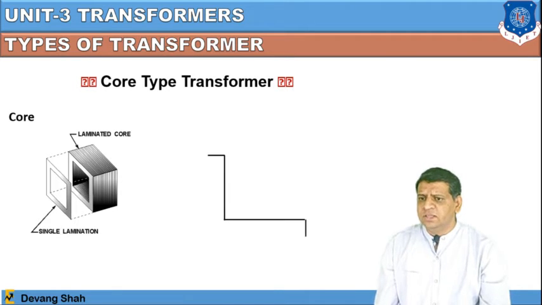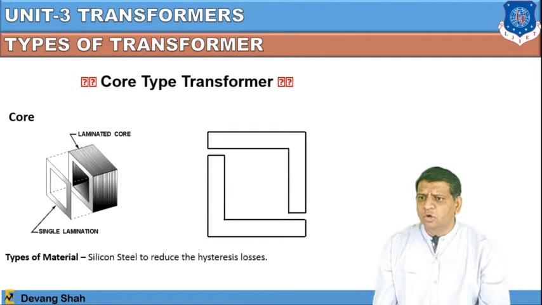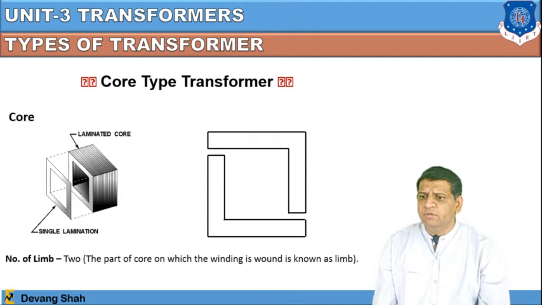Here you can see these stampings are in the form of an L shape. This core is made up of silicon steel to reduce the hysteresis loss, and the core is laminated to reduce the eddy current loss. You can see there are two limbs. The limb is nothing but the part of the core on which the winding is wound.